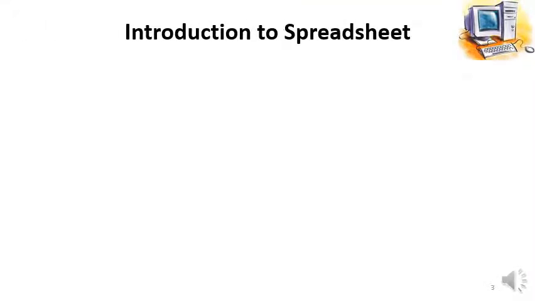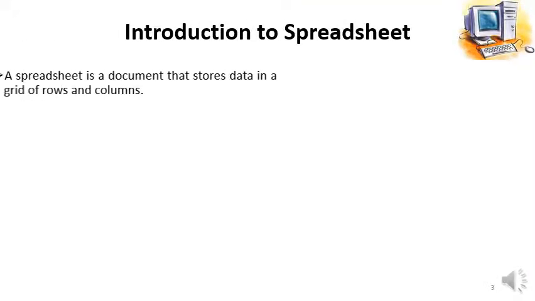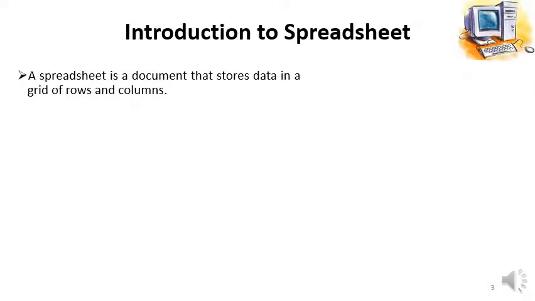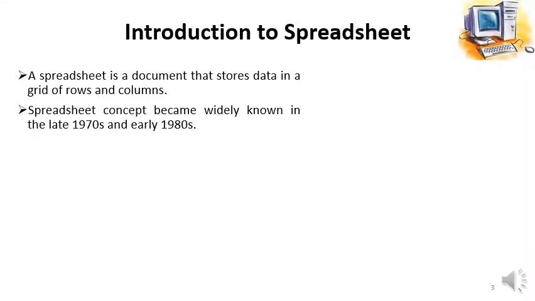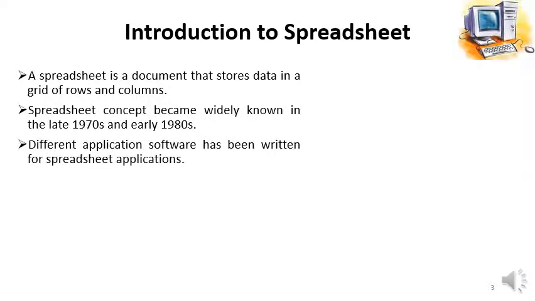Now, introduction to spreadsheet. A spreadsheet is a document that stores data in a grid of rows and columns. The spreadsheet concept became widely known in the late 1970s and early 1980s. Different application software has been written for spreadsheet applications.